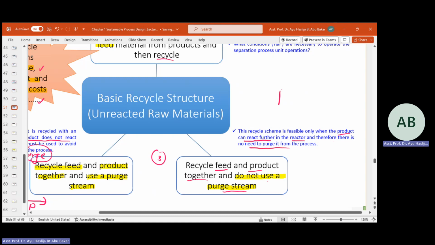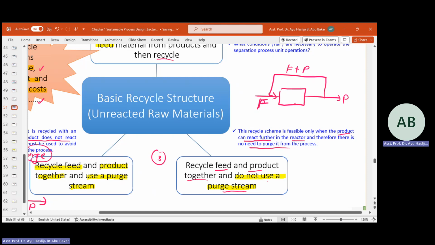So meaning that when you have feed, recycle feed plus the product, no need to purge the product out because the product is involved in the reaction.